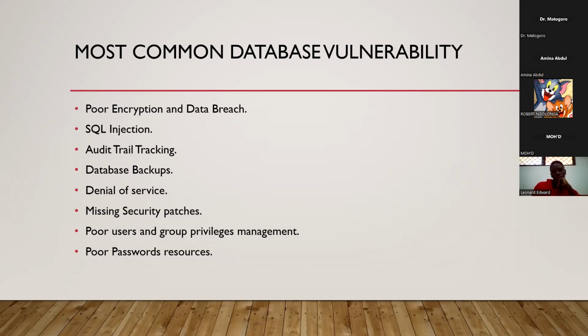For example, you create a group for students and you assign certain privileges. If you are not good at managing those privileges, you might find you have assigned a teacher privilege to a student. By doing that, you give a student with teacher privilege access to modify or even update the information on his account or on other students' accounts. So this is also a vulnerability.